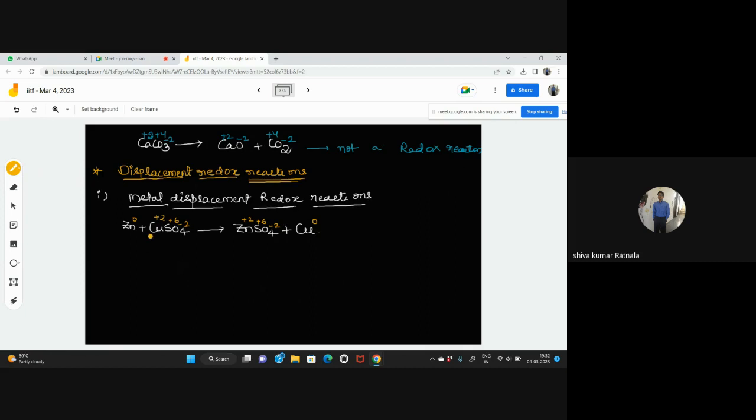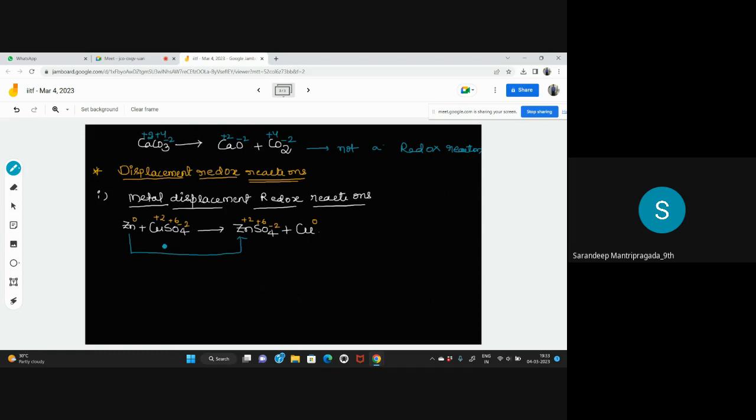Now see, if you observe, when zinc reacts with copper sulfate, copper is replaced by zinc, no? Zinc is more reactive than copper. Now find the oxidation state change.